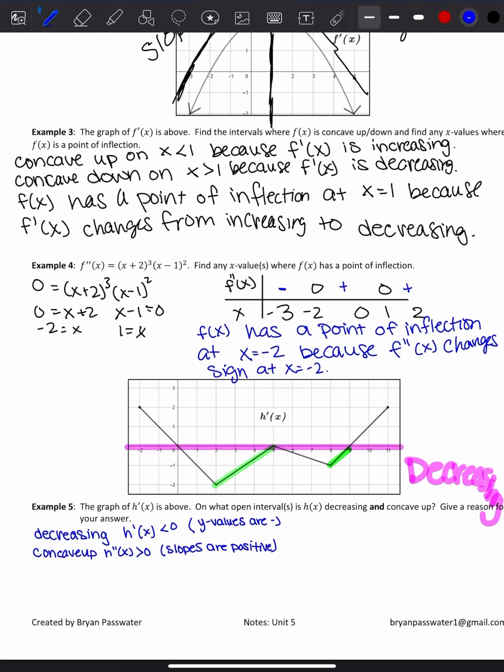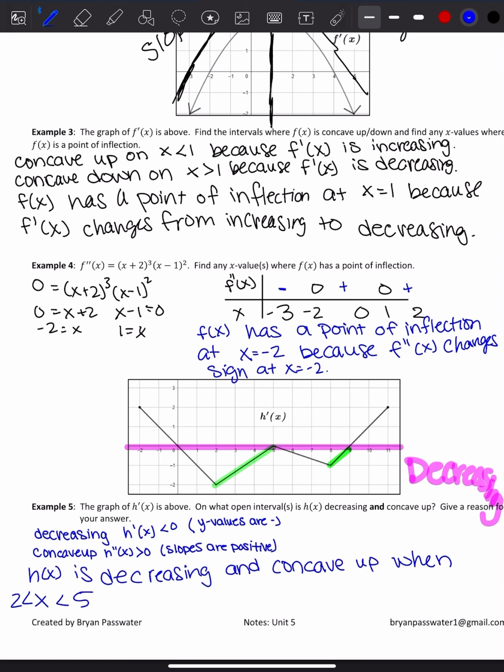So our final answer for this is going to be h of x is decreasing and concave up on, I'm going to use when x is between 2 and 5 and 8 and 9.